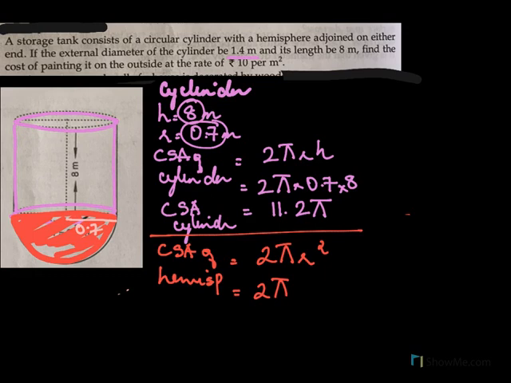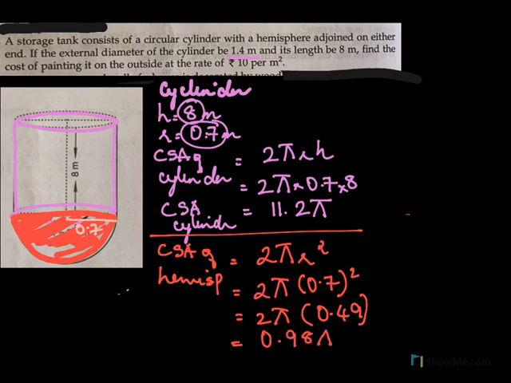So for the R, we are going to put 0.7 square, 2 pi into 0.49. And that of the hemisphere now will work out to be 0.98 pi.